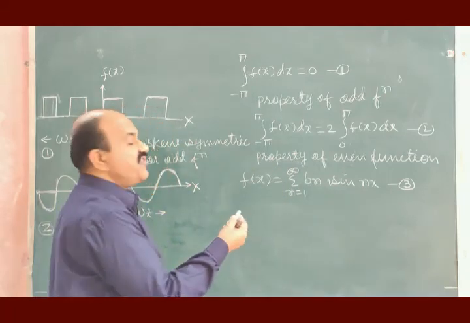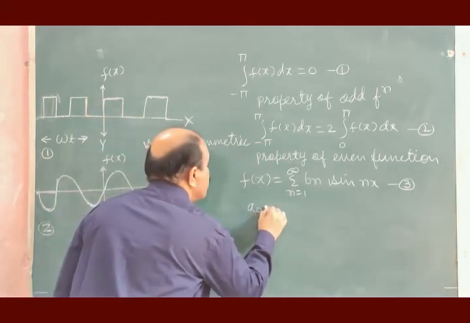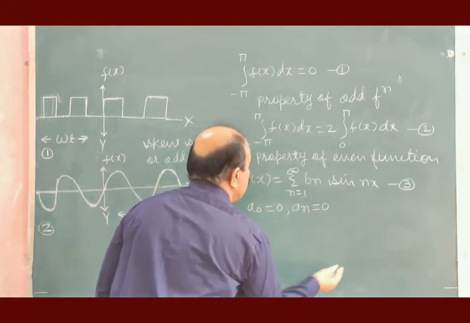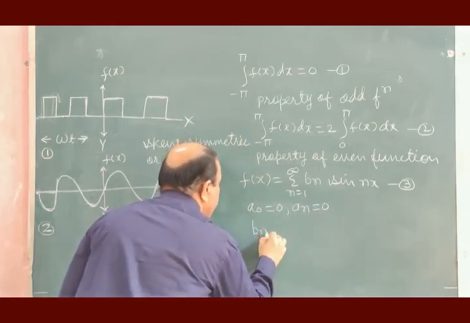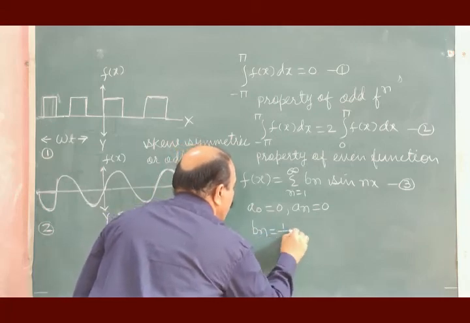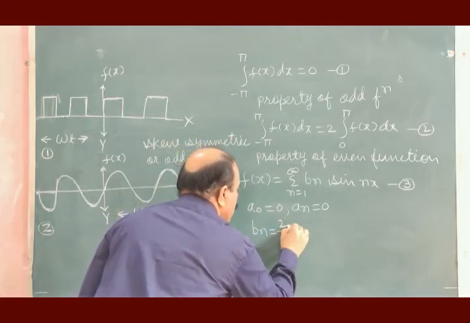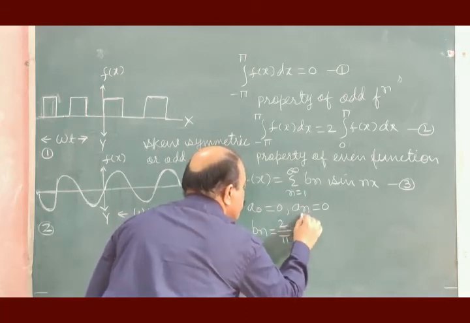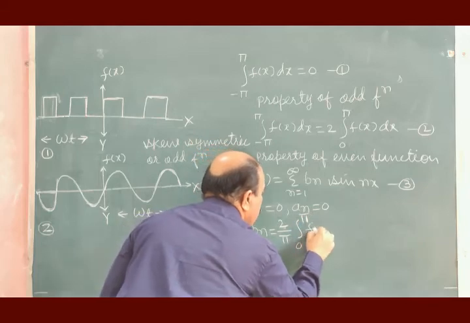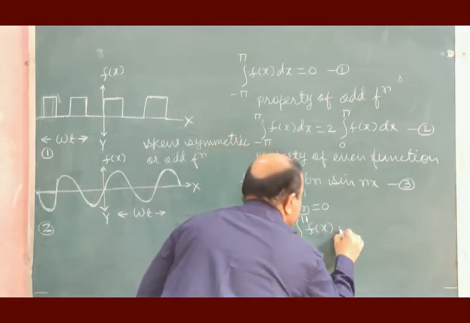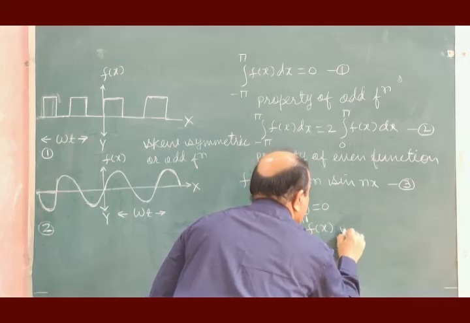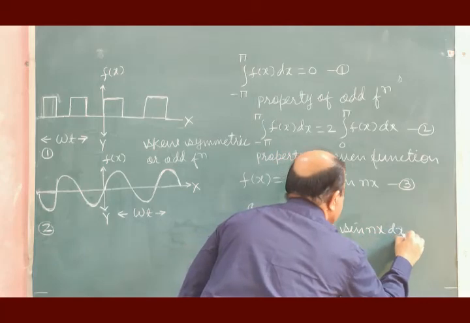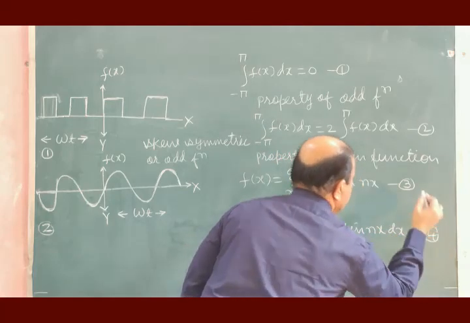What will be the values of the coefficients here? a0 is equal to 0, an is equal to 0, and bn is equal to 2 divided by pi, the integration from 0 to pi of f of x sin nx dx, equation number 4.